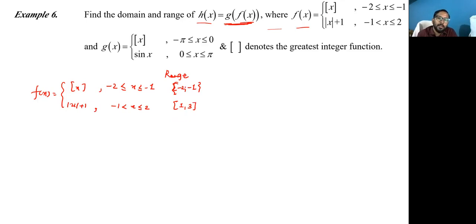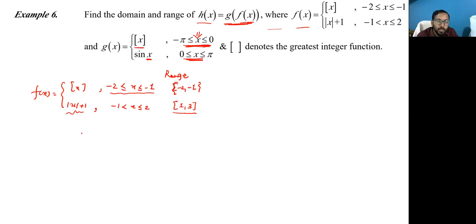Now check whether this range is a subset of this part or not. So -1 and -2 lie in this part. So for this part of f of x, the range of f of x lies in this part of the domain, and for this part of the function, the range of f of x lies in this part of the domain of g of x. So we have to replace mod x plus 1 over here and x over here.